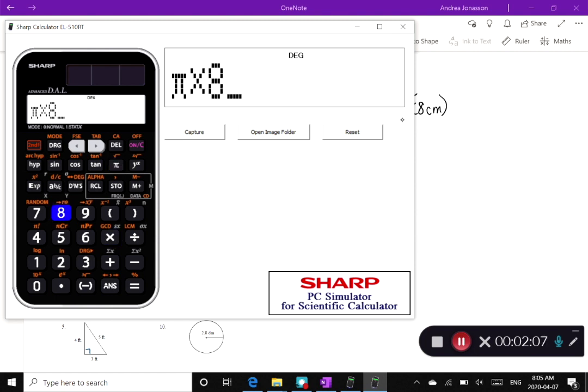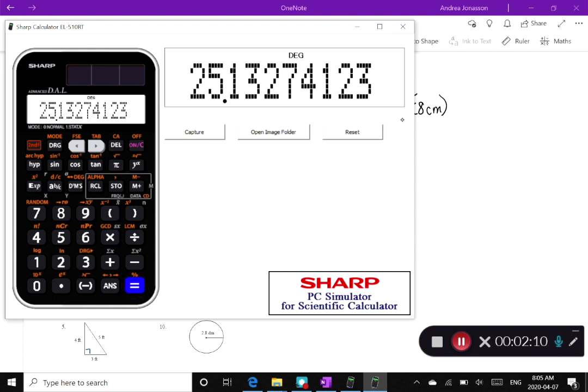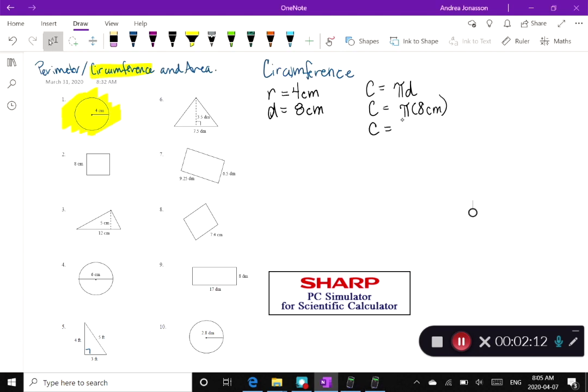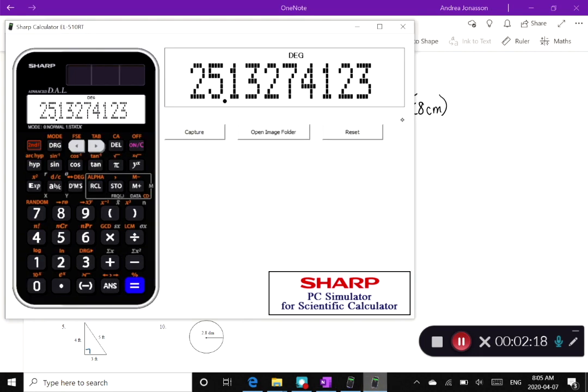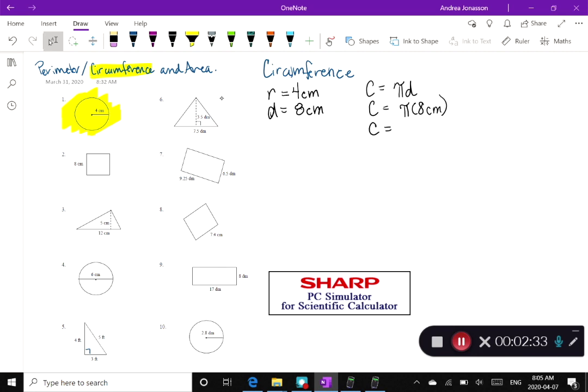Pi times 8 is equal to 25.1327. So depending on how your teacher prefers you to round, 25.1. In this case, we are only given straight up 8 centimeters, so I'm just going to round it to the nearest whole number here. So to the nearest centimeter, the circumference is 25 centimeters.